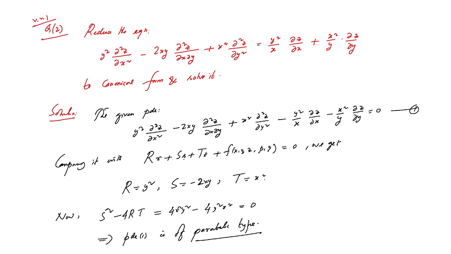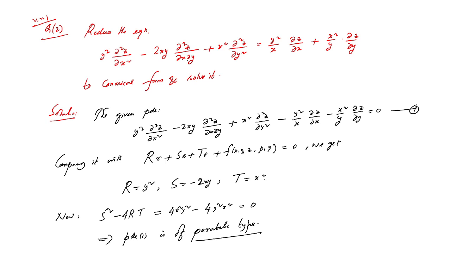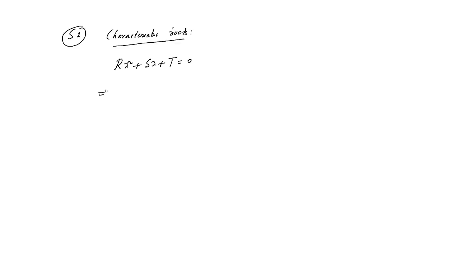So first step is we will find out the characteristic root. Step 1, all about characteristic root. We know if it is a parabolic type, then the characteristic root will be equal and real. So here R lambda square plus S lambda plus T equals to 0. R is y square, S is minus 2xy.